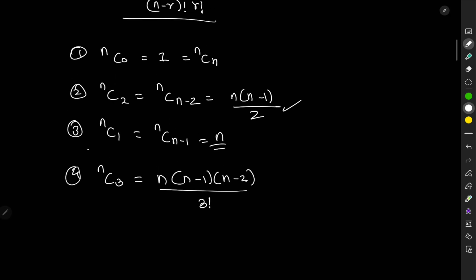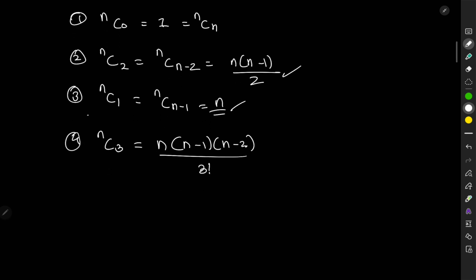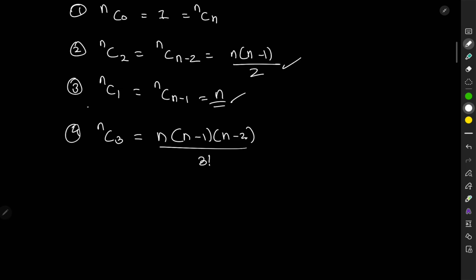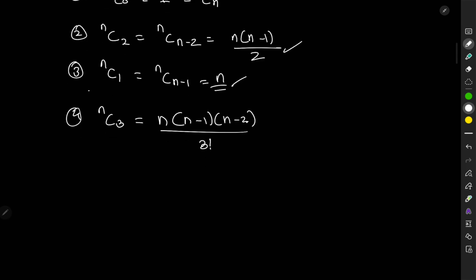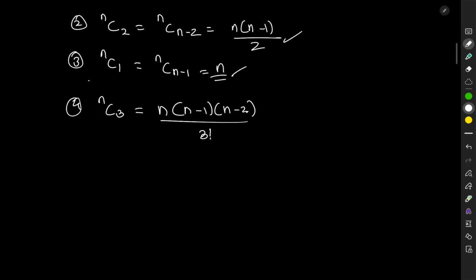This is n(n minus 1) by 2, and this is n, and this is n(n minus 1)(n minus 2) divided by 3 factorial, right? So that's how this happens. For example, 7C3, you will simply write 7 multiplied by 6 multiplied by 5, 3 consecutive terms divided by 3 factorial, which is 35, right?